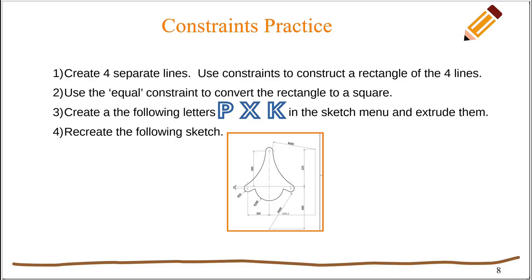Then take that rectangle and use the equal constraint to change it to a square. Third, create some letters in the sketch system, like a P, X, K, B, Z, and extrude them so that you make sure that you have all your constraints set up properly.